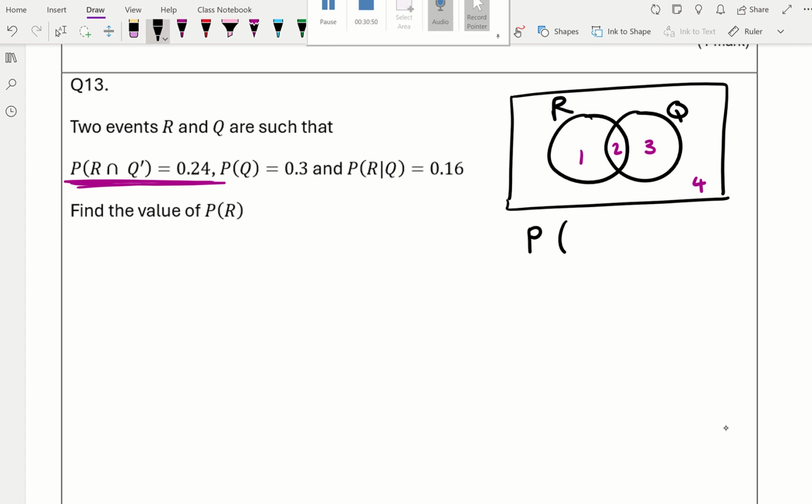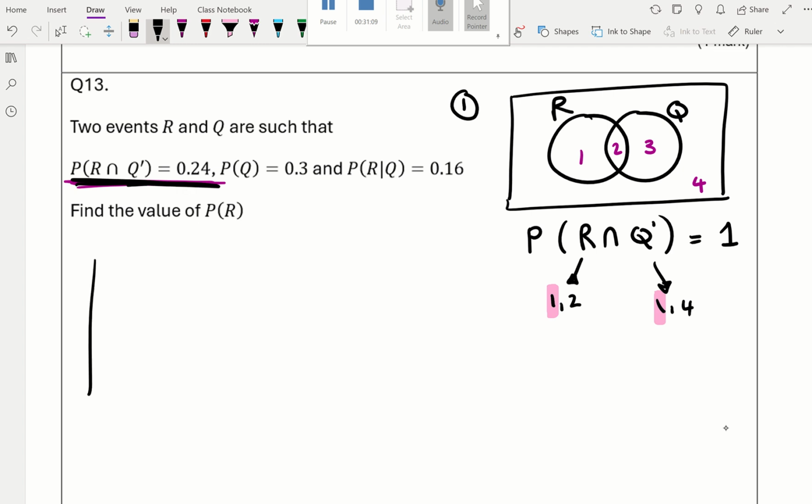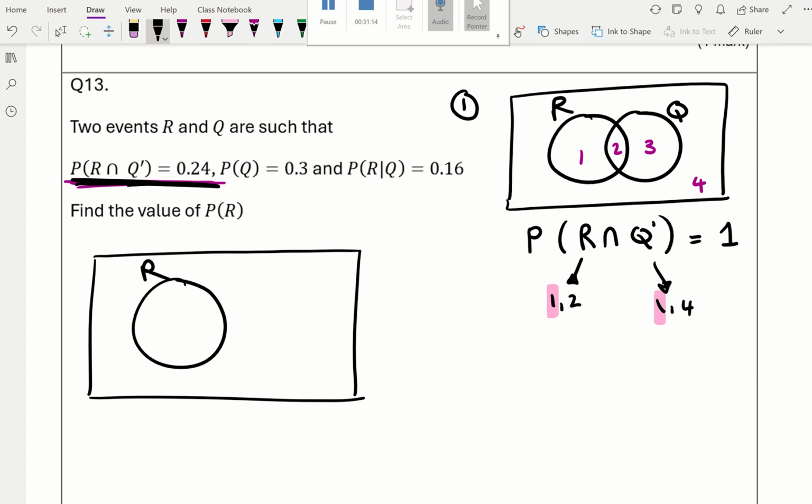So the probability of the intersection between R and not Q. Well, R is 1 and 2. Not Q is 1 and 4. So the intersection is 1. Therefore, what this is telling me is the following. R, not Q, this is 0.24.